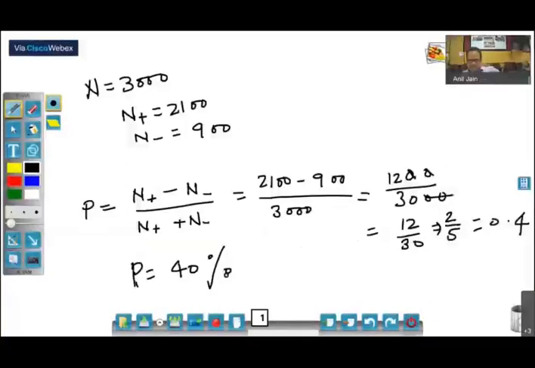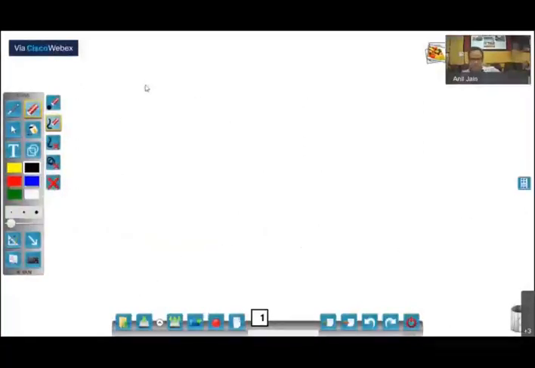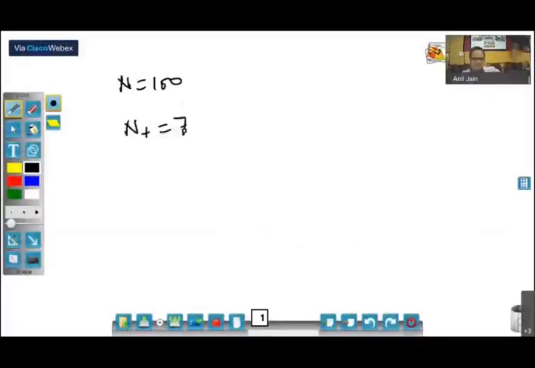Suppose I have 100 neutrons, so total n is 100, n plus is 75 and n minus is 25.